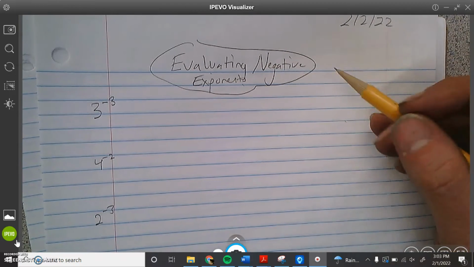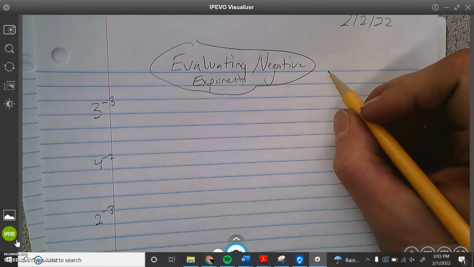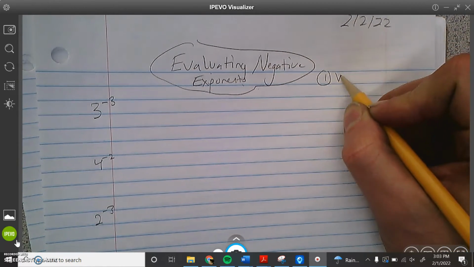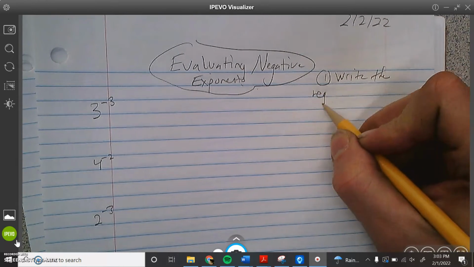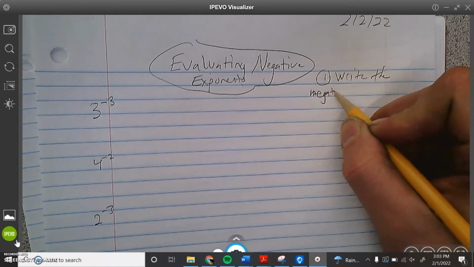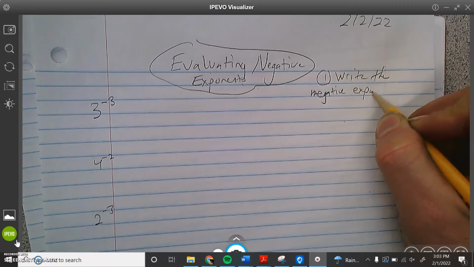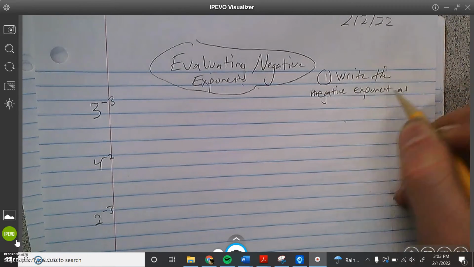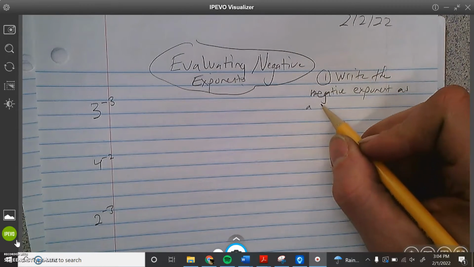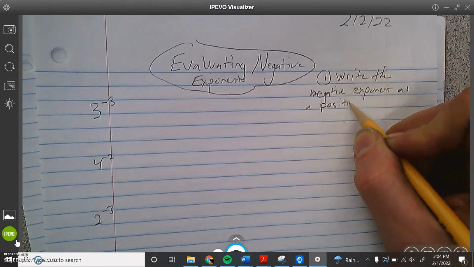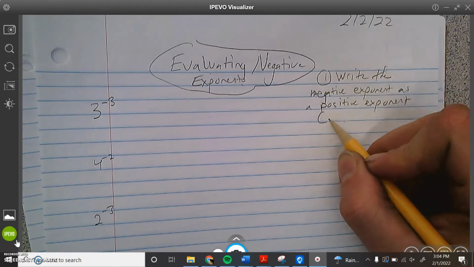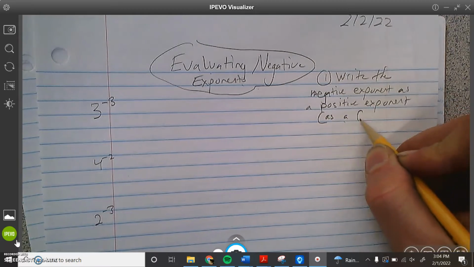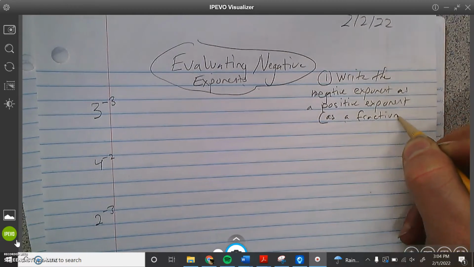All right, we're going to evaluate negative exponents. So the first thing we always do is write, write this down with me, the negative exponent as a positive exponent, aka as a fraction.